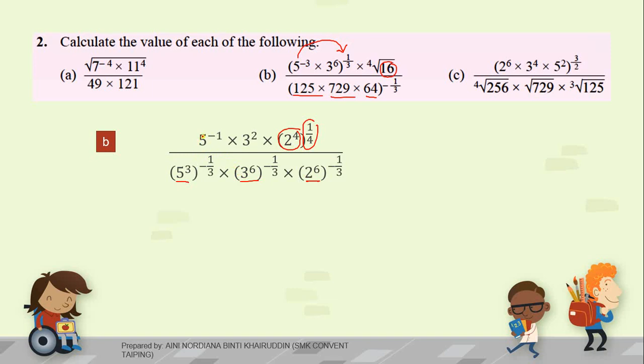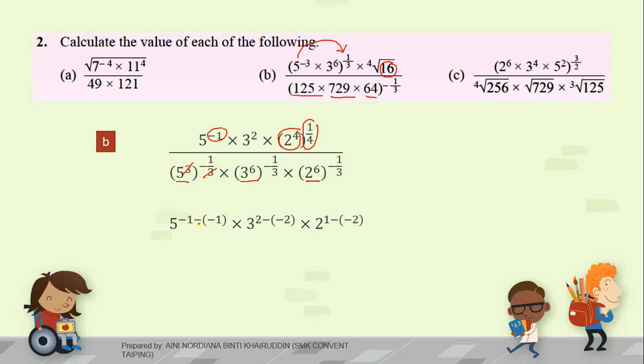Then you will see the same bases here: 5, 5, 3, 3, and 2, 2. So you can subtract the indices, because this is divide, so negative 1 minus, so this is actually negative 1.